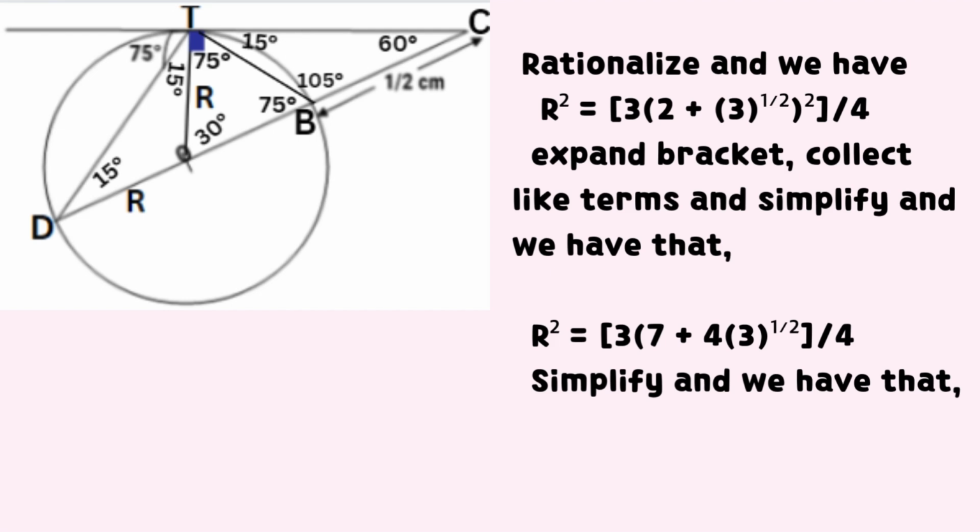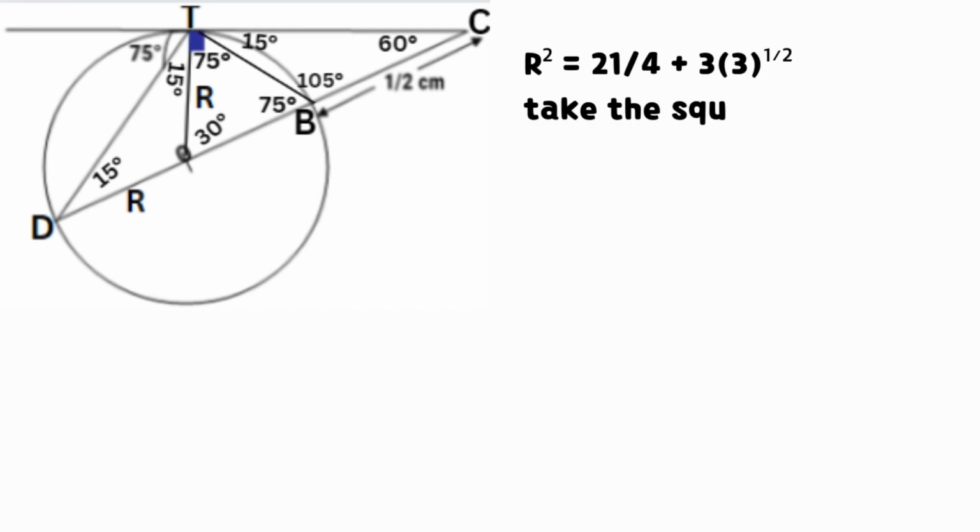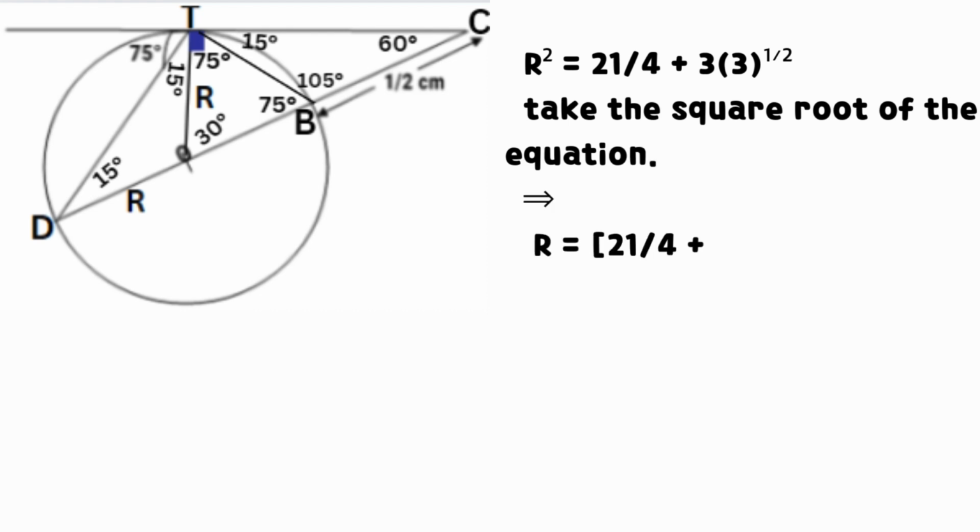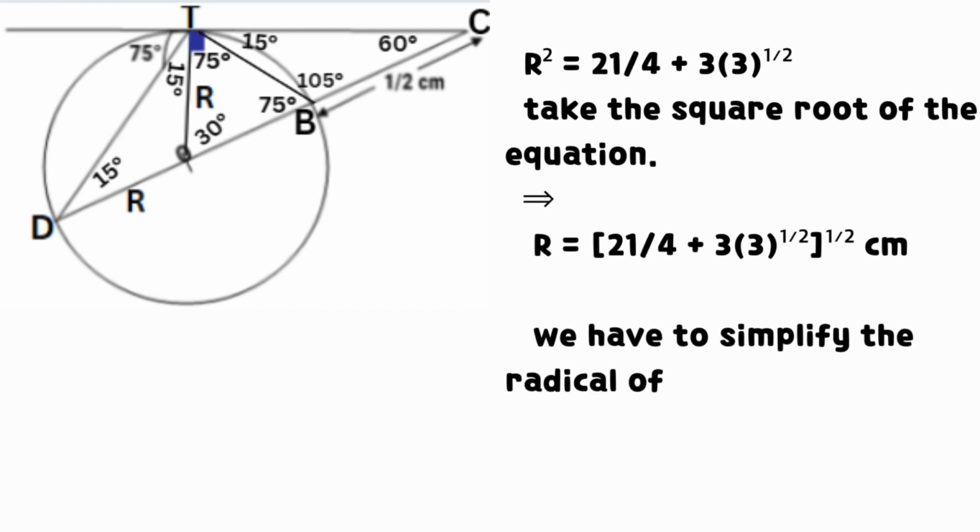Simplify and we have that the square of R equals the sum of 21 divided by 4 and the product of 3 and the square root of 3. Take the square root of the equation. This implies that R equals the square root of the sum of 21 divided by 4 and 3 times the square root of 3, all in centimeters.